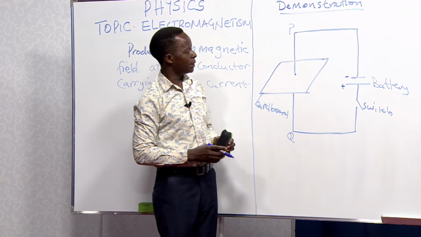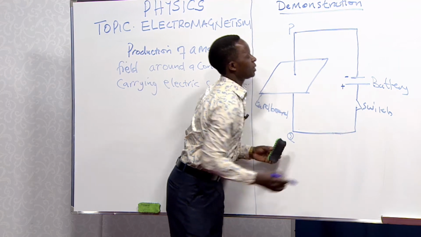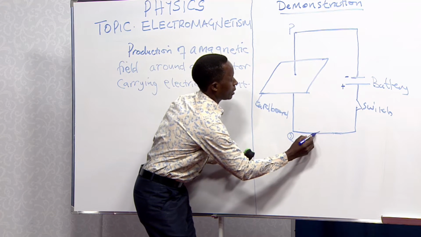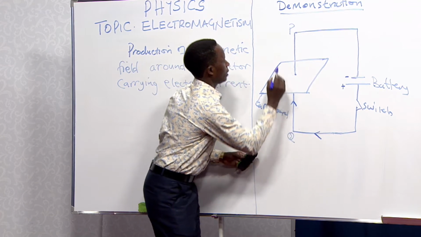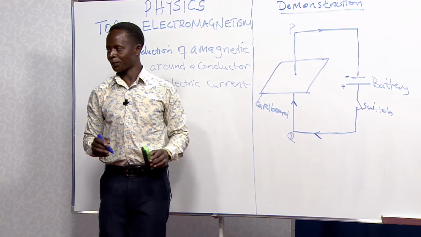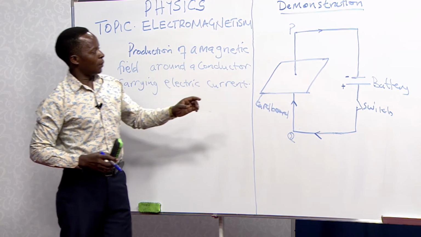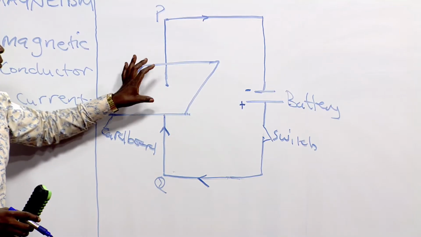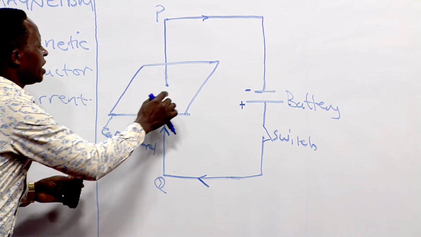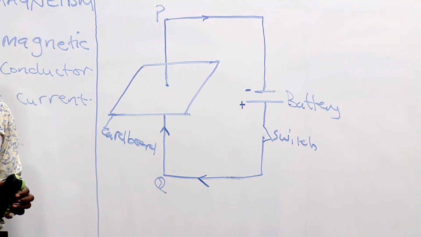So the current will flow from the positive terminal when the switch is closed, and to the negative terminal. So when you've closed the switch, you sprinkle the iron filings on the cardboard and gently tap the cardboard.